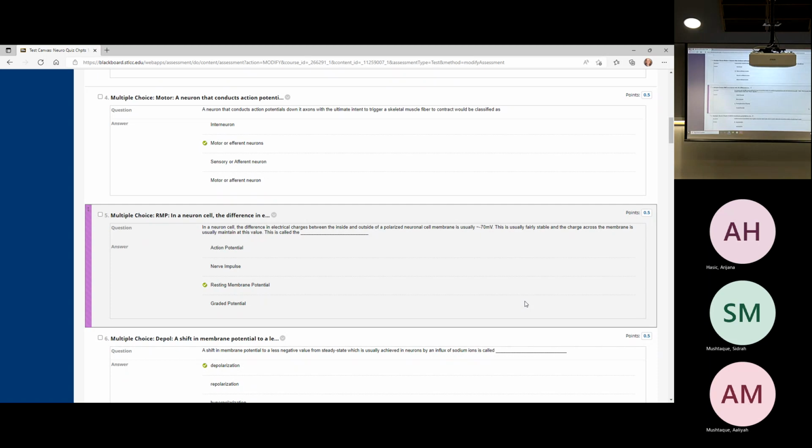If the potential goes a little up, it would depolarize. If it goes a little down, it hyperpolarizes. What kind of potentials go a little up or a little down? Usually because ligand-gated channels open. Those are graded potentials.